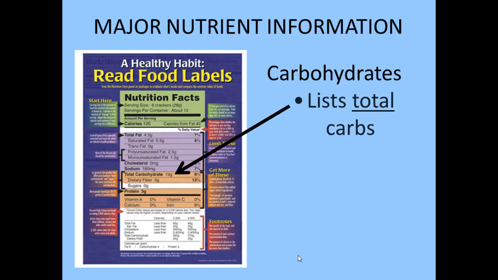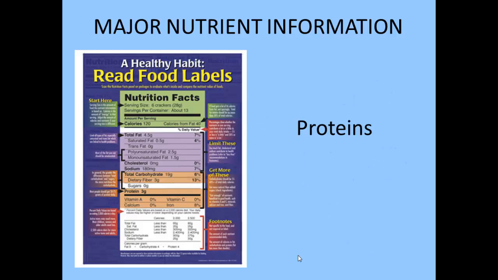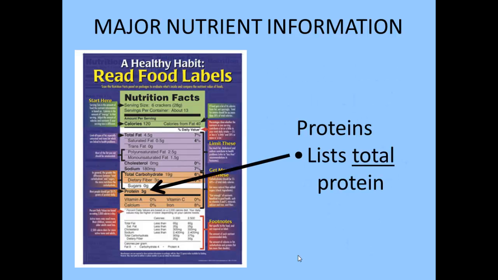In the carbohydrate section, it will first list the total carbs and then give the specific amount of fiber and sugar. So fiber is part of carbohydrates and sugar is part of carbohydrates, and it lets you know how much of each is in your crackers. Proteins, it simply lists the total protein. We don't have different types of protein listed on the food labels, at least not yet.